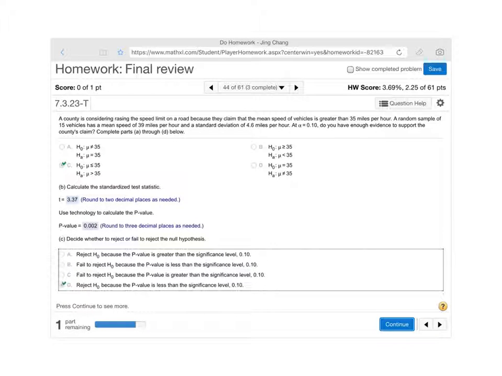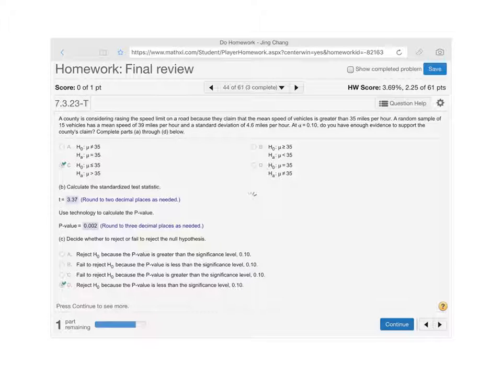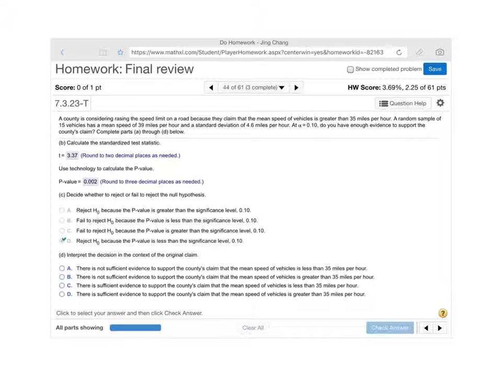So if you reject H0, that means you will support the claim. So there is sufficient evidence to support the claim. Oh, sorry, the claim is greater than, so the answer is D.